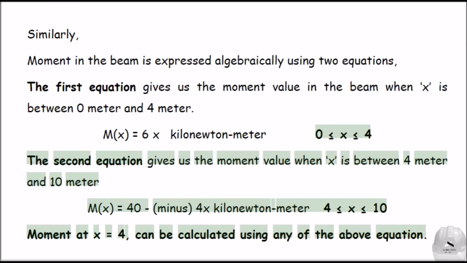The second equation gives us the moment value when x is between 4 meter and 10 meter: M of x equals 40 minus 4x kN meter, 4 ≤ x ≤ 10. Moment at x equals 4 can be calculated using either of the above equations.